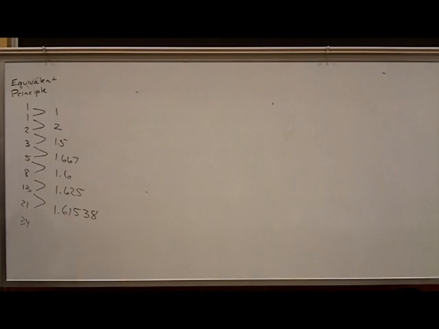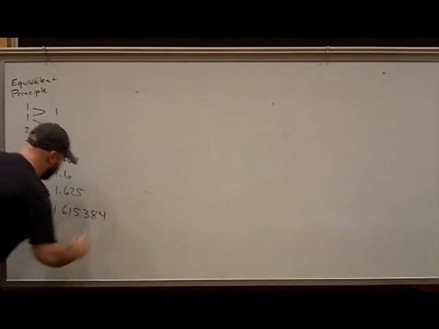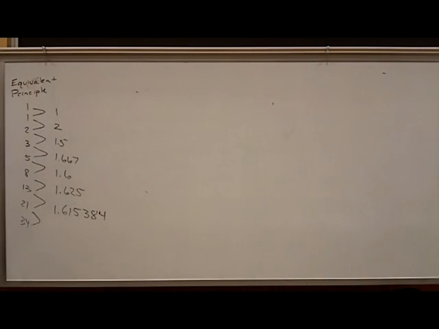I'm trying. There's one more digit, but I'm going to stop there. 4. There we go. And then 34 over 21. And you know what? I'm going to quit. So somebody have a calculator? 34 over 21?